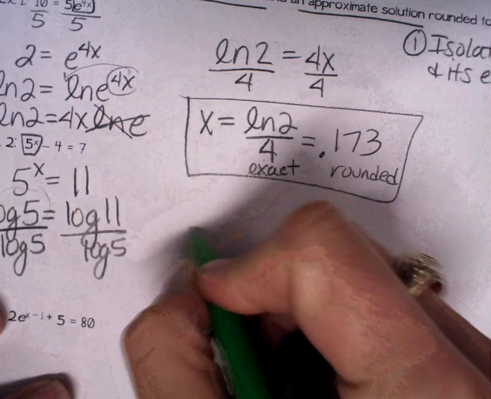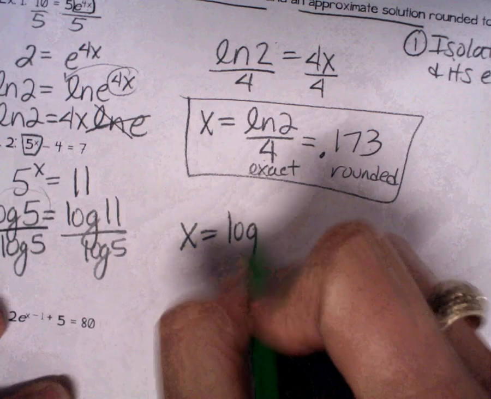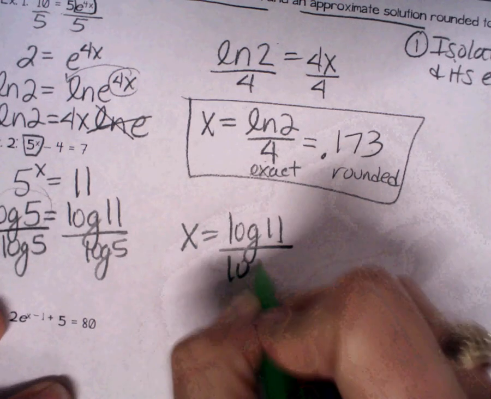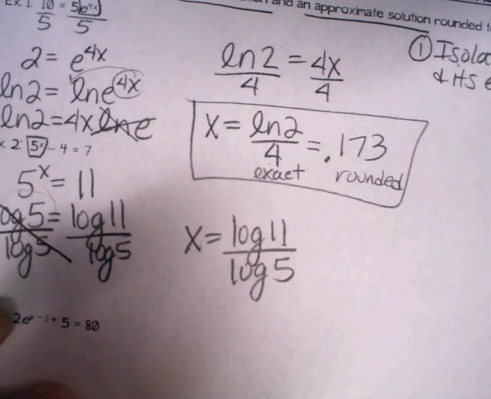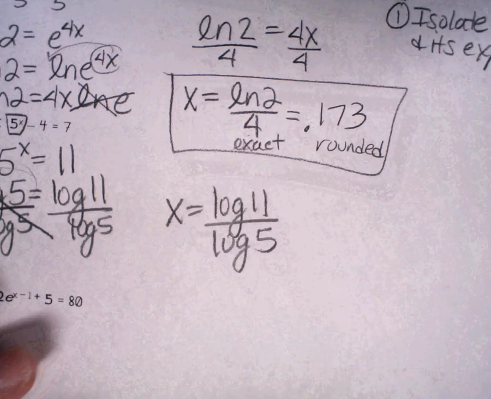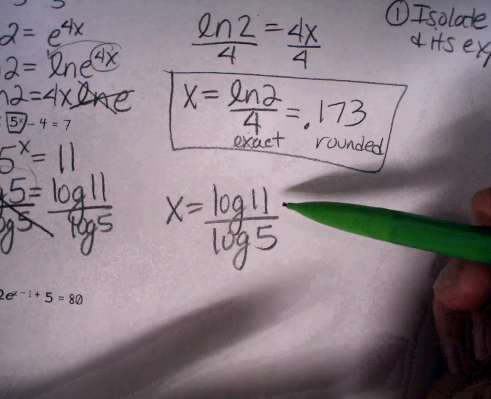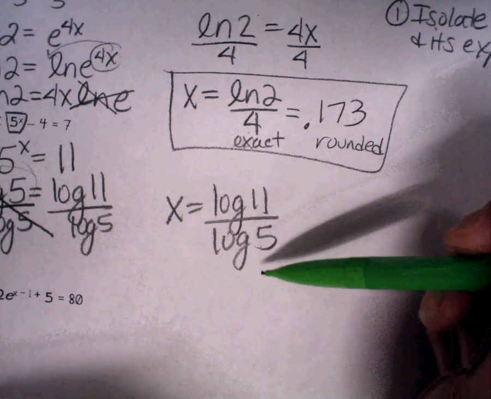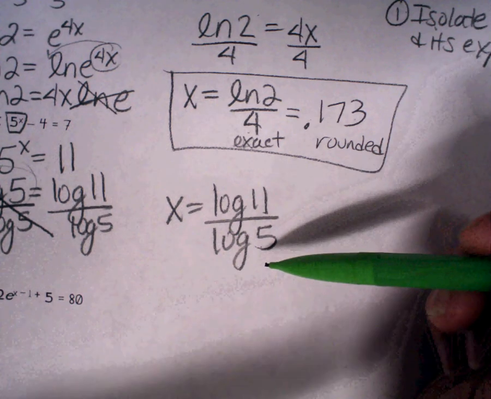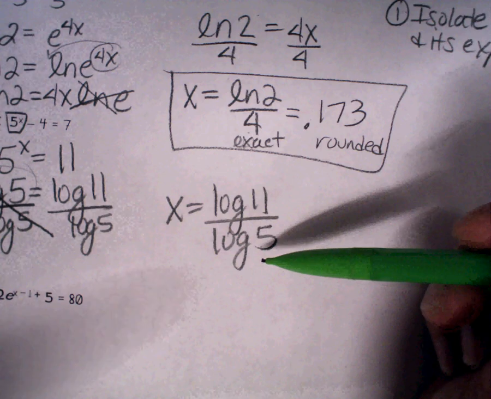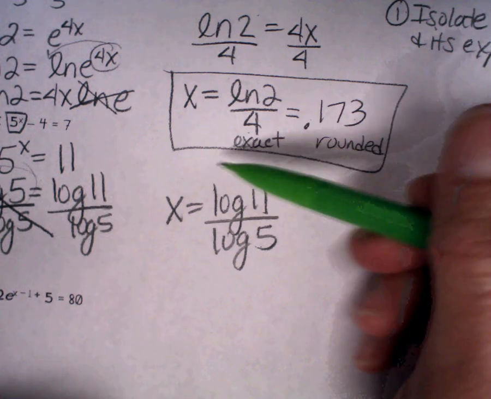Now, I'm going to write the exact. I'm going to write the rounded. Now, I don't actually like writing them like this. According to our last test, we typed logs in the calculator to evaluate and get the approximate.